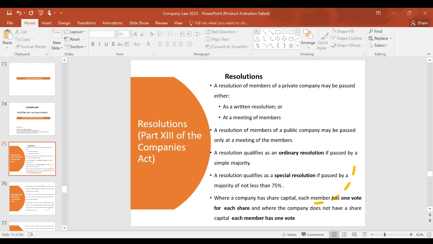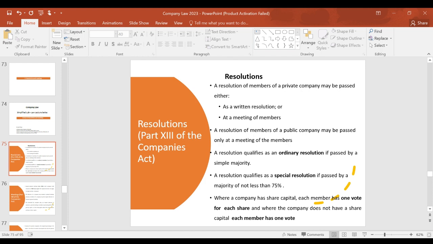And also, we have a resolution which may be deemed to be a special resolution, which members must pass with a majority vote. And that majority vote will be a percentage of 75% of the votes.